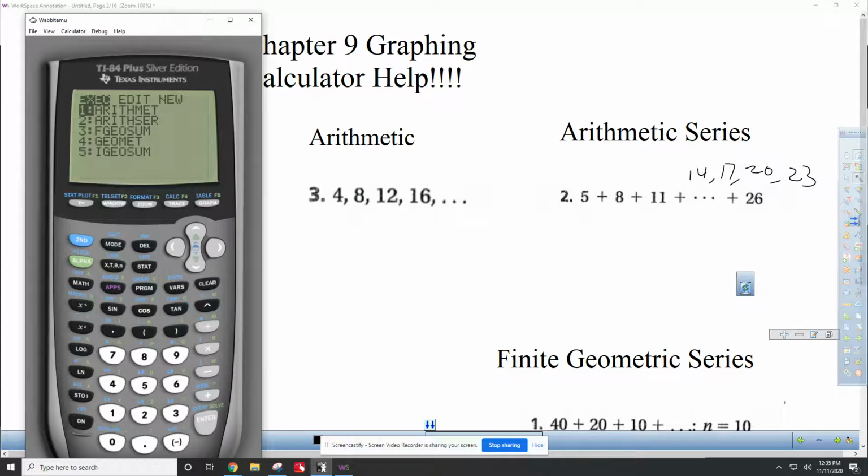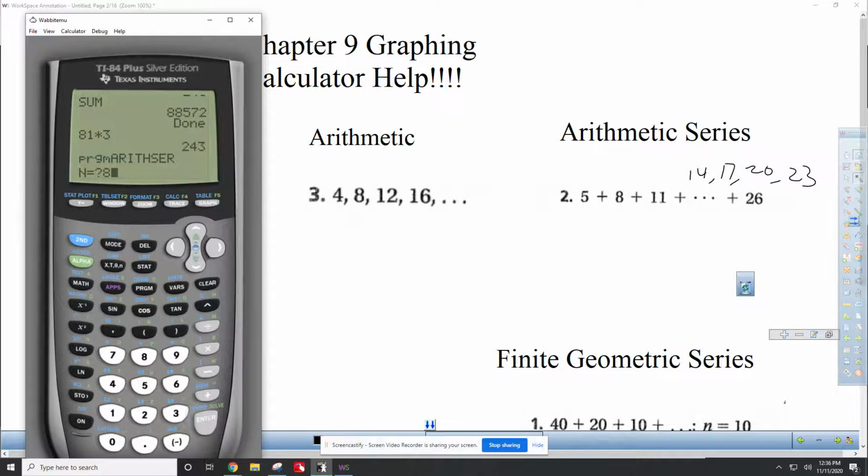Next we're going to work on arithmetic series. For this program, you're going to need to find the number of terms. If you have a question like this, I already filled it in. When it's asking for n, it wants to know how many terms there are. In this one, we have 1, 2, 3, 4, 5, 6, 7, 8 terms.